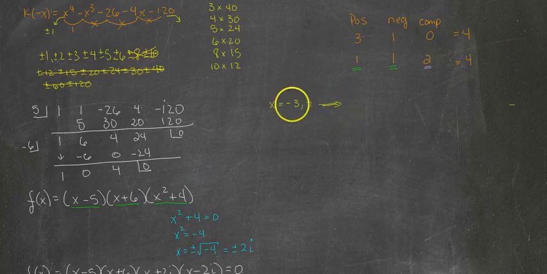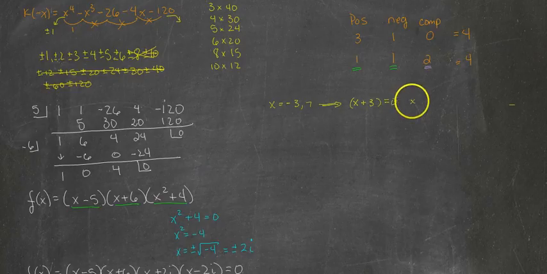You would have said, well, if x is negative 3, then x plus 3 had to equal 0, and x minus 7 had to equal 0 to give me the other 0.